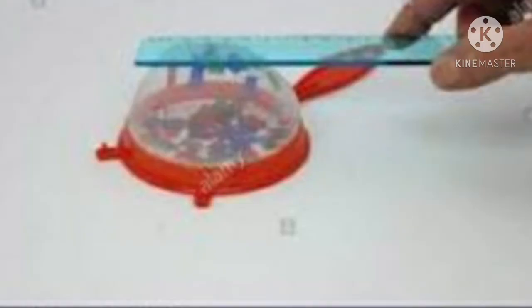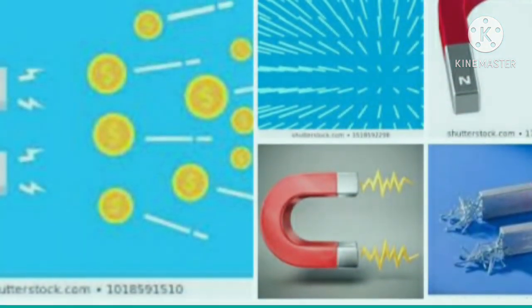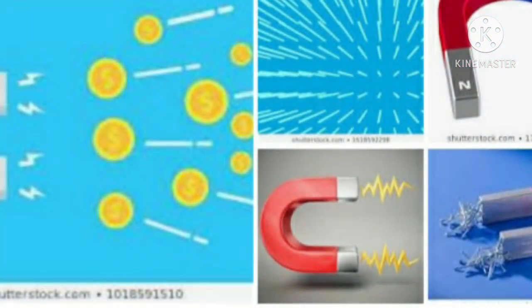A force which can be exerted by an object on another object even from a distance without touching each other is called a non-contact force. There is no physical contact between the object which exerts the force and the object on which the force is exerted.